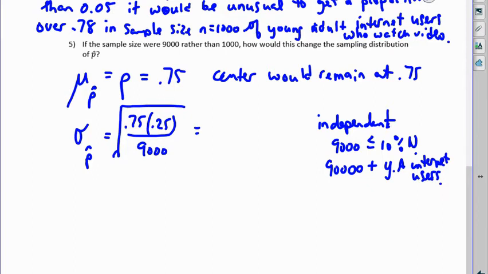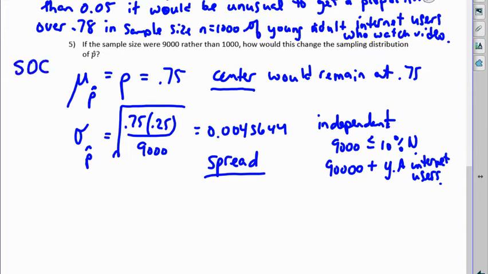So we would have then calculated our revised standard deviation of, let's see, what would that new value be? 0.0045644. So let's see, I've looked at the center, and this would be my spread. Okay, shape, outlier, center, spread. So I've done my center and my spread, so let's think about our shape.